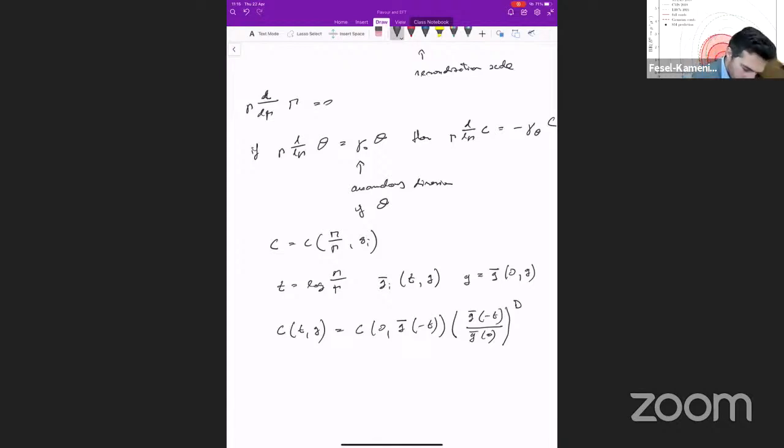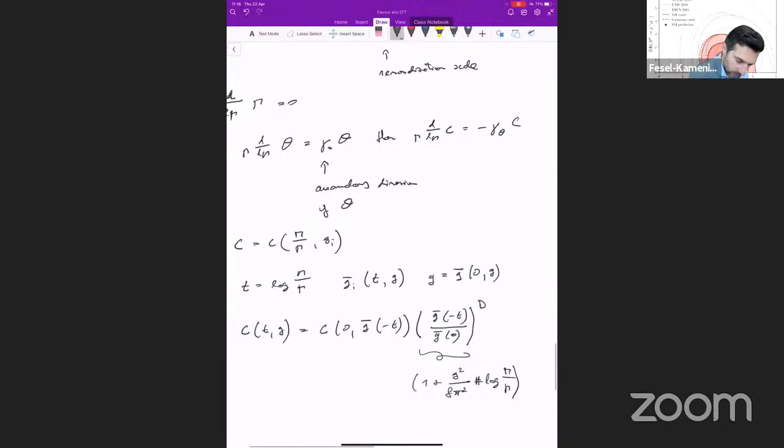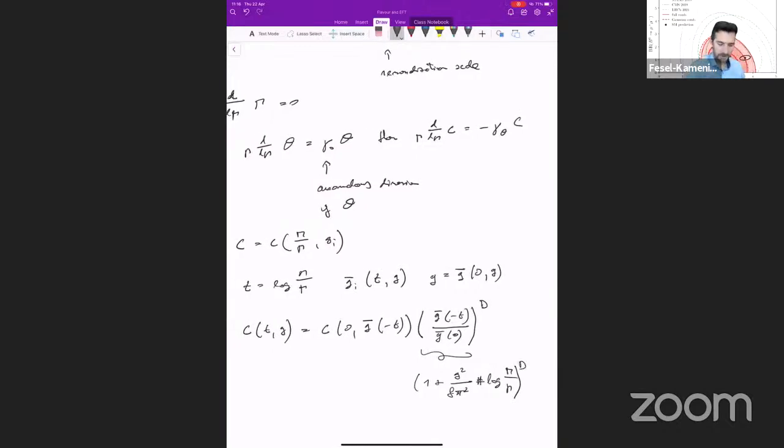So what we've seen now is that if we expand this in t, in the logarithm, one can see that this thing is nothing else but 1 plus g squared over 8 pi squared times a number times log m over mu, to the dth power.